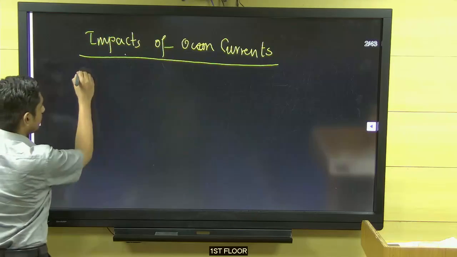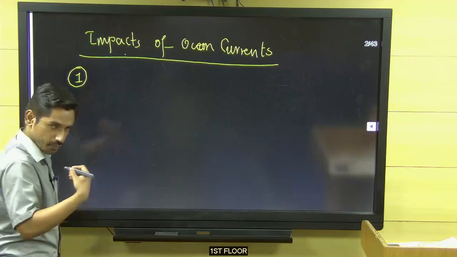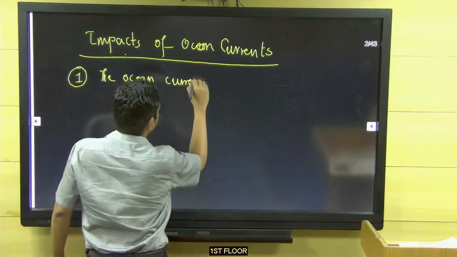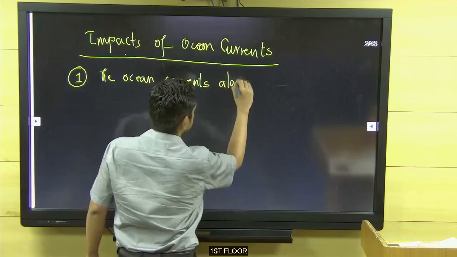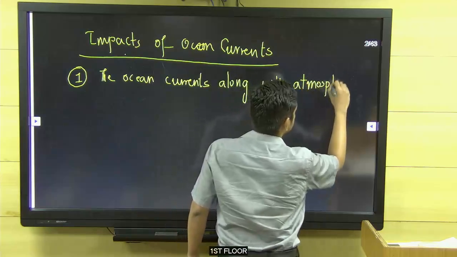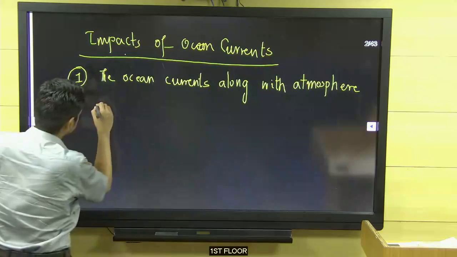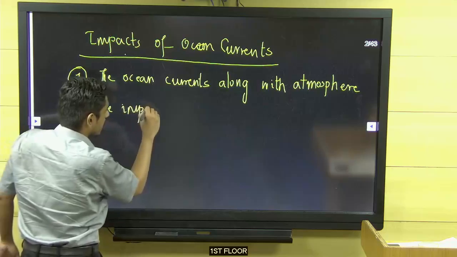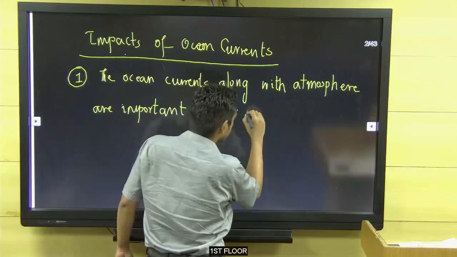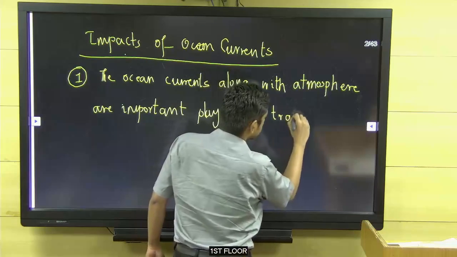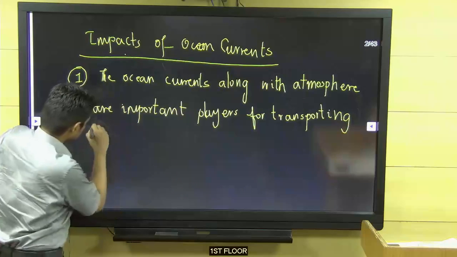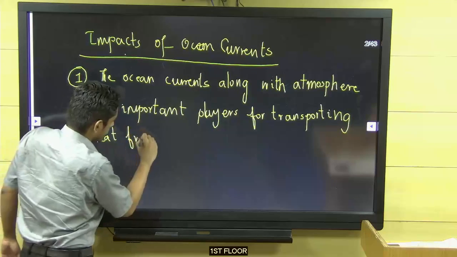Okay. First one, why do ocean currents come into existence? For redistribution of heat. So the ocean currents along with atmosphere are important players for transporting heat from the equator to the poles.